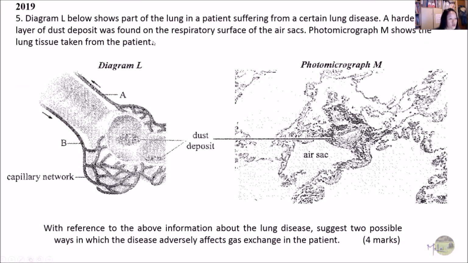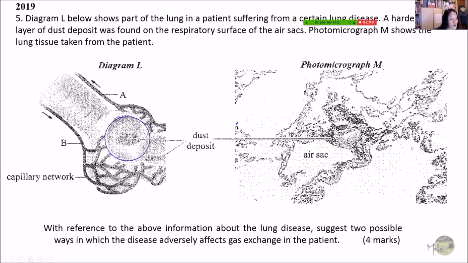Let's look at one of the examples. We have two photomicrographs. In one of them, you can see the label is dust deposit. Whenever there are some dust deposits on the air sac, we find that the surface area for gas exchange will be affected.